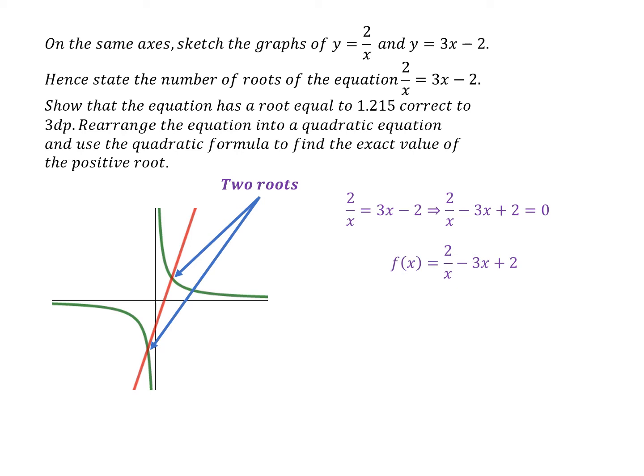So if I say that f of x is 2 over x minus 3x plus 2, then f of 1.2145 is a small positive number, 1.2155 is a small negative number, and because we've got a change of sign, and over that interval, 1.2145 to 1.2155, the function is continuous, albeit it's not continuous over the whole of its domain, it's continuous over this domain.